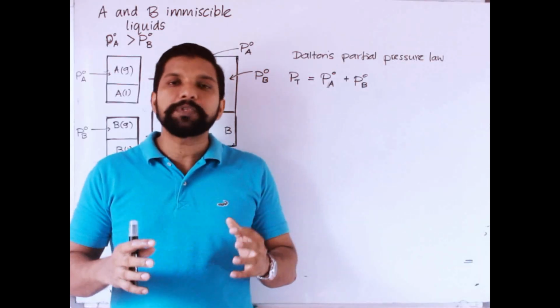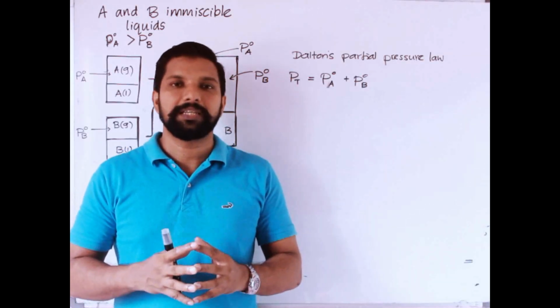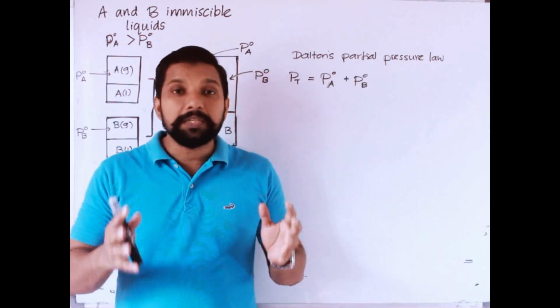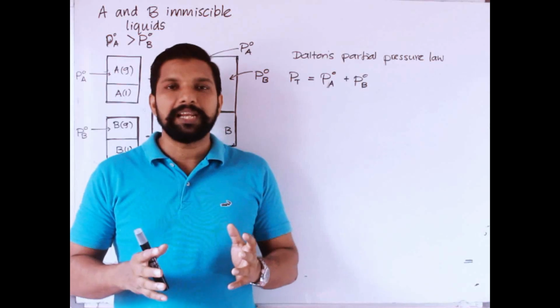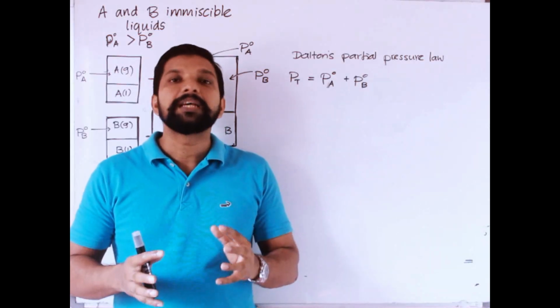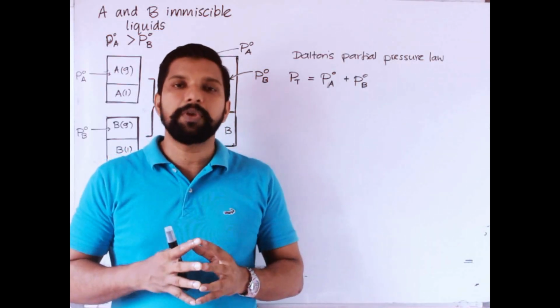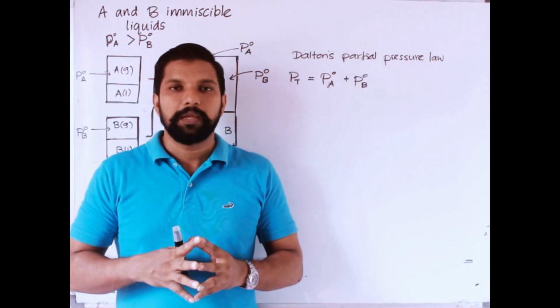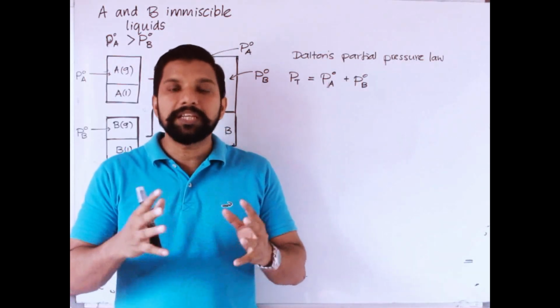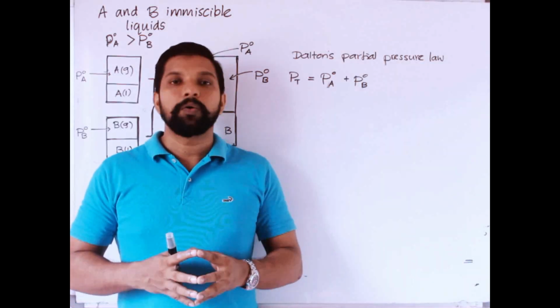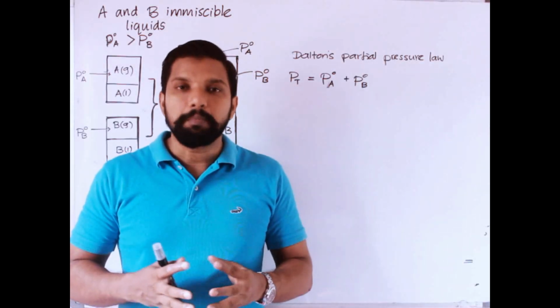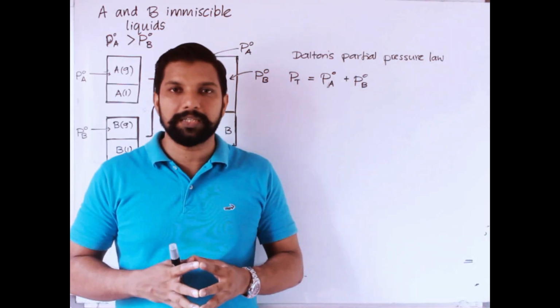The behavior of such liquid mixtures is different from the miscible liquid mixtures. So steam distillation is dealing with such immiscible liquid mixtures. Now we'll see the theoretical background of steam distillation, or the behavior of mixtures made of two immiscible liquids.